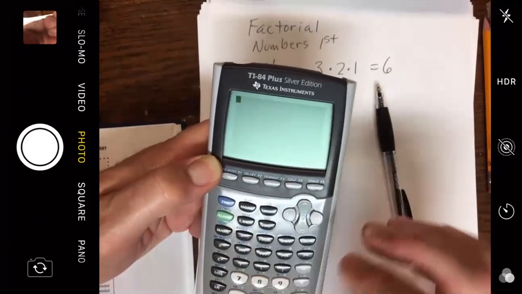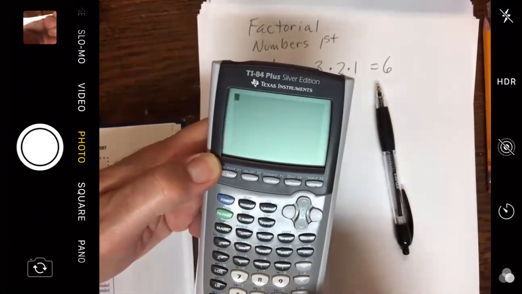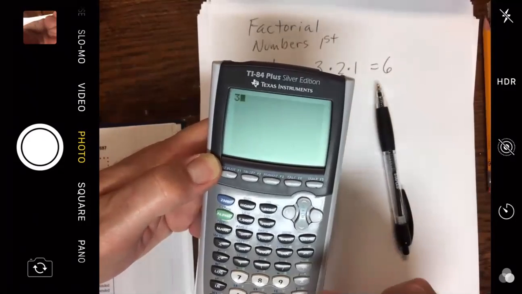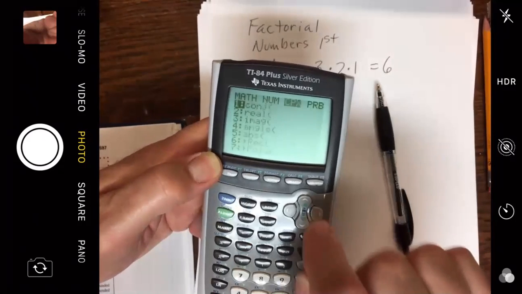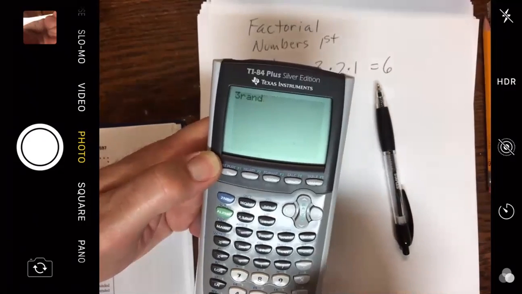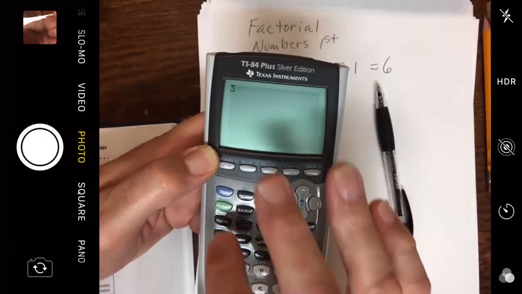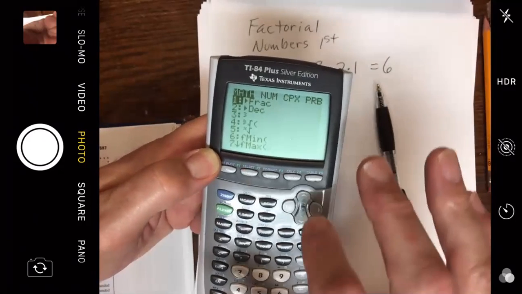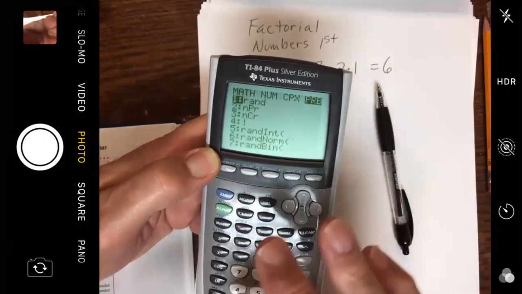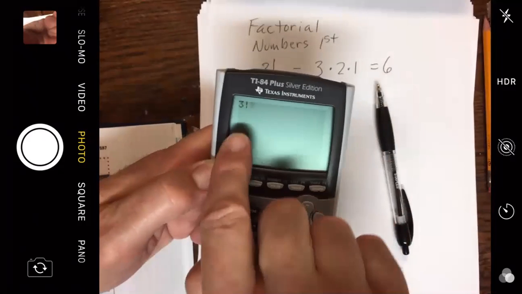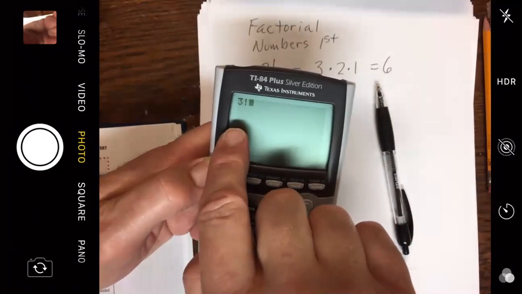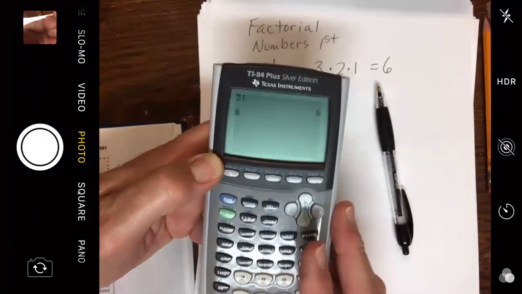So to really use this, I start with a 3, and then I hit math, go over to PRB. My fault, start again. I hit 3, math, over to PRB, and I hit option 4. And there you are, just like you'd write it on paper. Hit enter, and there's my 6.